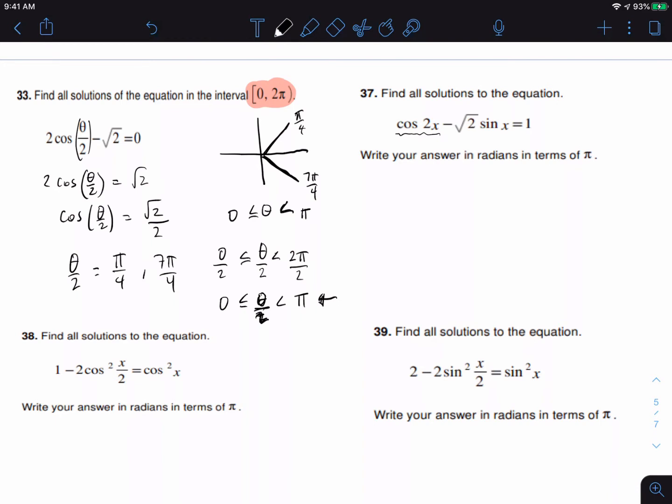So then I'm going to use cosine of 2x is equal to 1 minus 2 sine squared of x. So I'm going to get 1 minus 2 sine squared of x minus radical 2 sine of x is equal to 1. We okay with that?